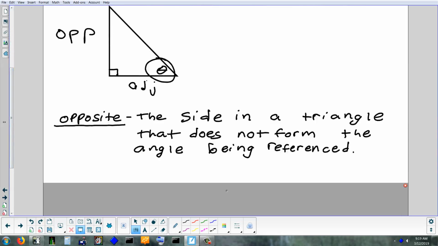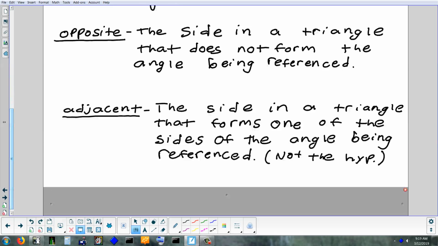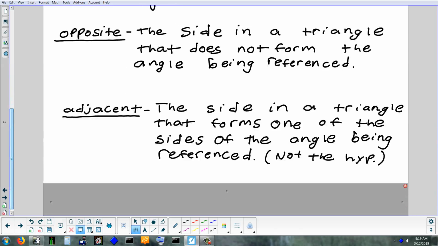So if it's still kind of not clear, I'll just write it out in words. Opposite is the side in the triangle that doesn't connect to the angle at all. It does not form one of the sides of the angle. Adjacent is the side in the triangle that does form the angle.